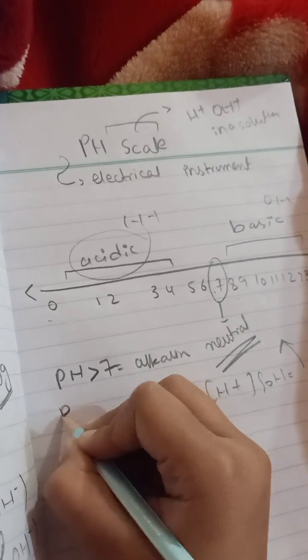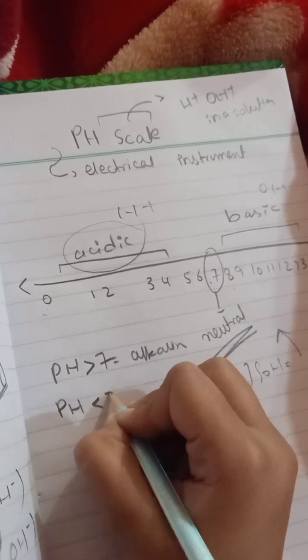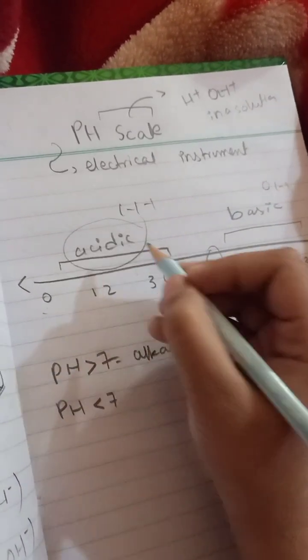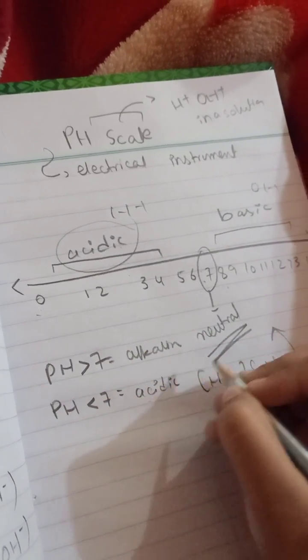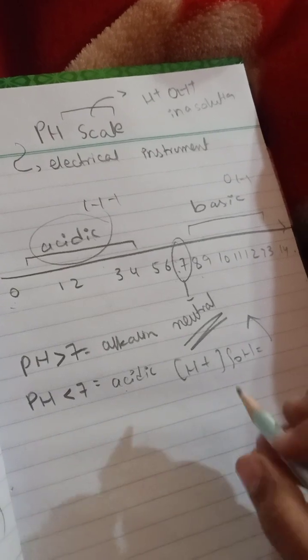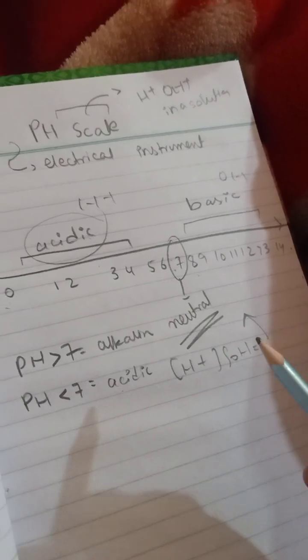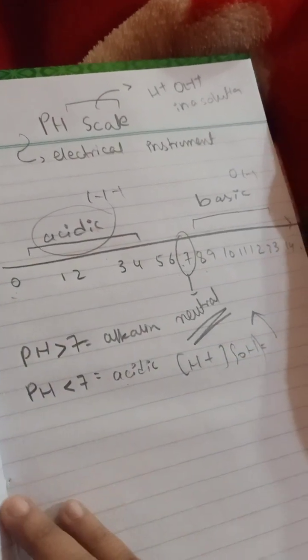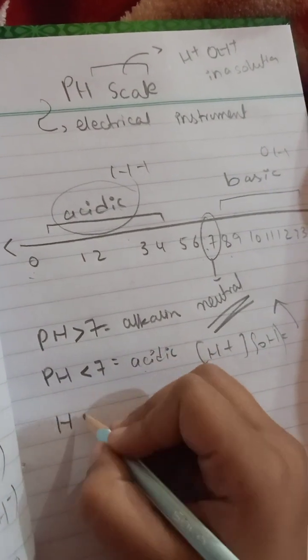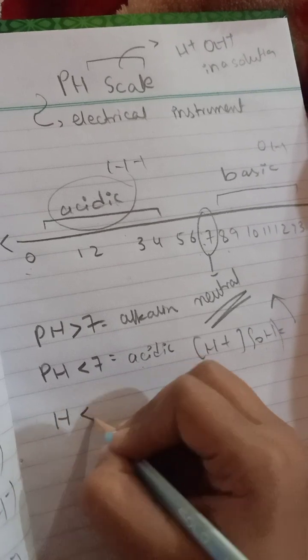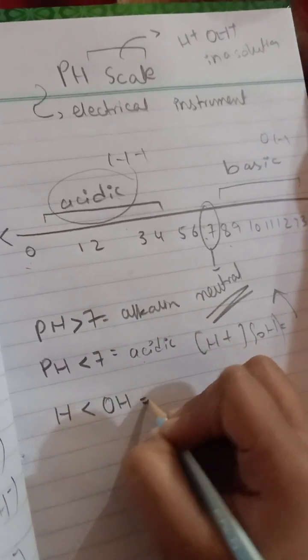If the pH is less than 7, the solution is acidic. When pH is neutral, the hydrogen and hydroxide ions are equal. If hydrogen ion has less concentration than OH, we call that basic.